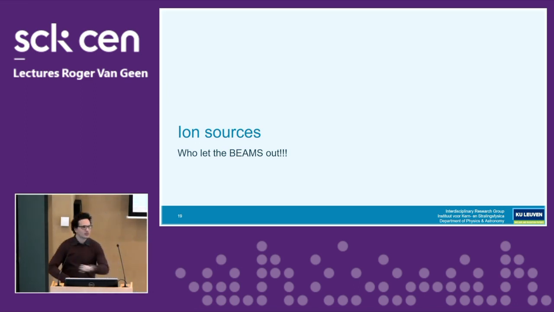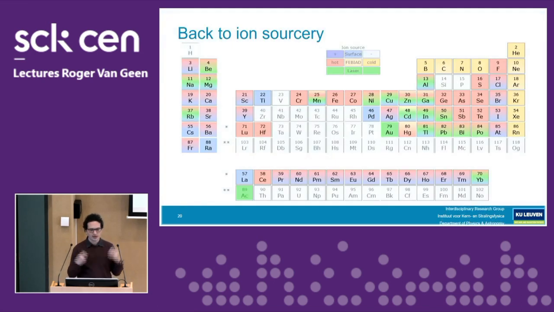Okay, let me jump then straight into the ion sources. Here, again from ISOLDE, you have an overview of the elements that they have been able to extract and which ion source was used for the different ones. You can see first that there's this big gap in the middle here, this gray area. Those are the refractory elements.